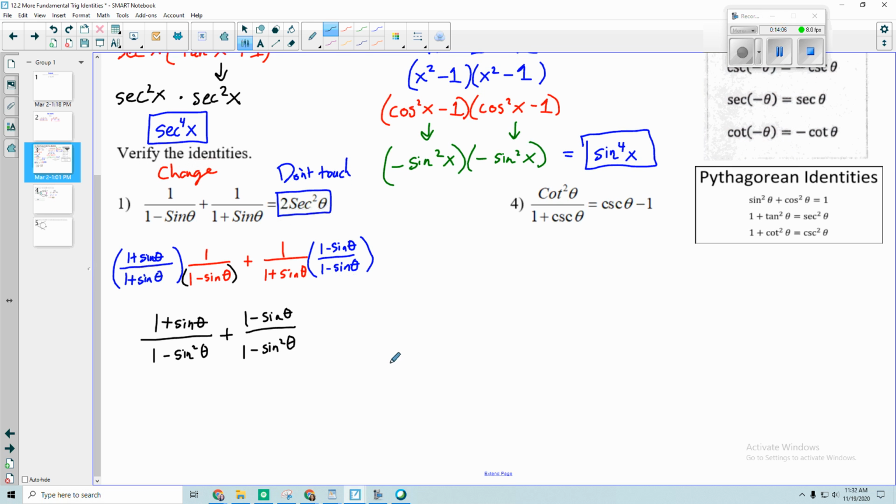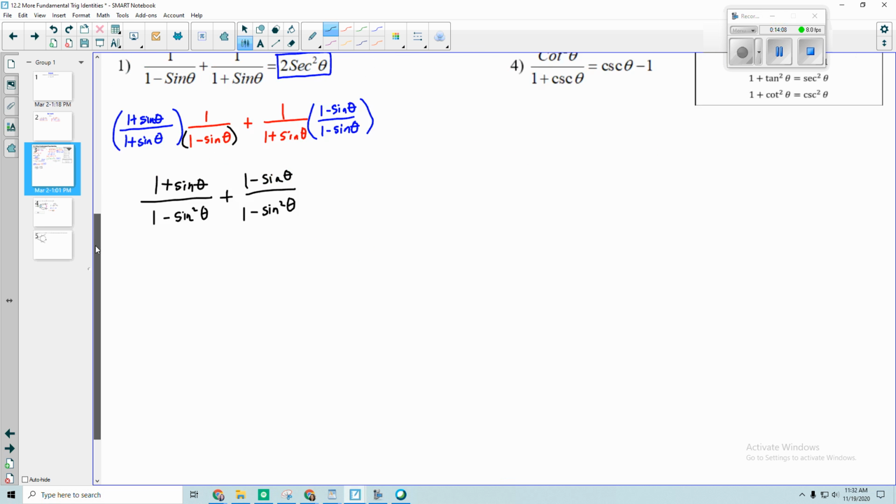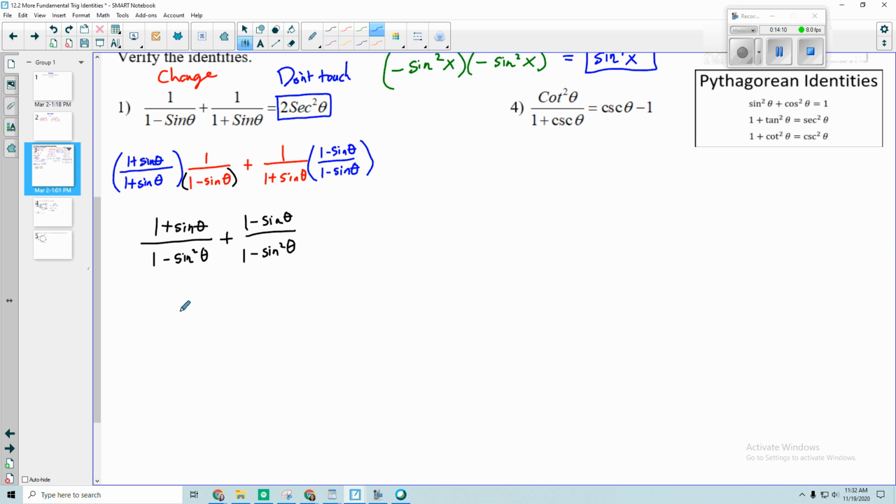Now that we have the same denominator, we can go ahead and add both of these fractions together. So 1 minus sine squared theta in the denominator, and in the numerator, 1 plus 1 is going to make 2. The sine terms are going to cancel when I add those together, so all that's left in the numerator is just 2.